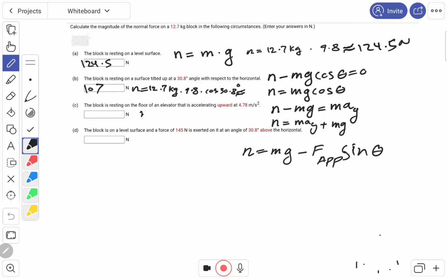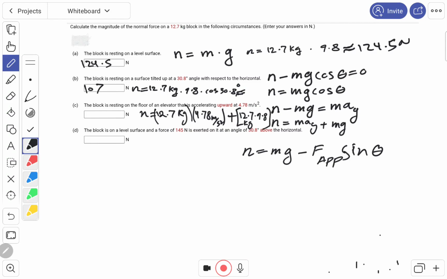Part C, normal force again is 12.7 kilogram times acceleration in y-axis, which is 4.78 meter per second squared, then plus the product of mass of the object and the gravitational force magnitude, which is 9.8.